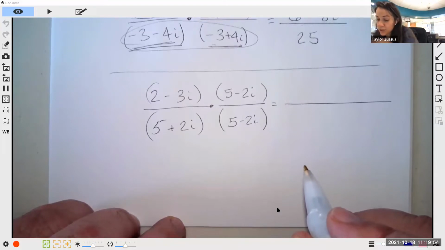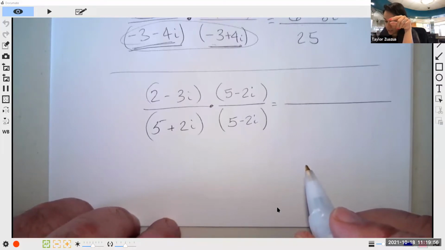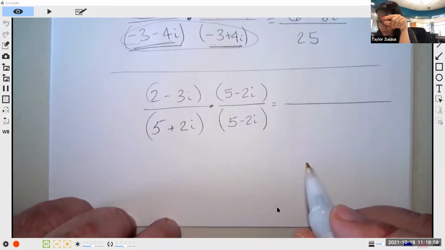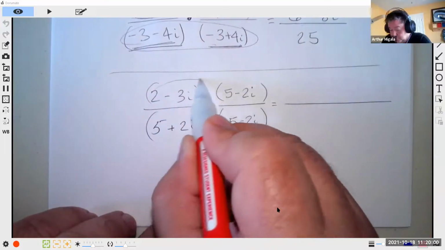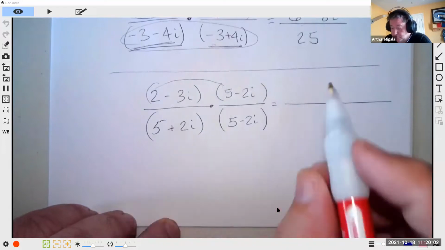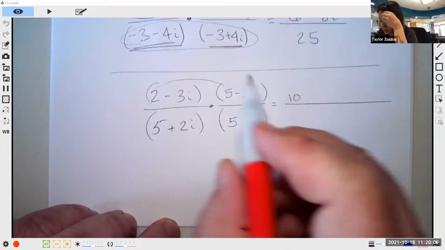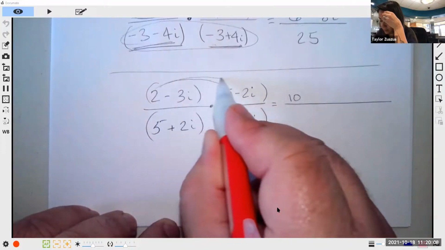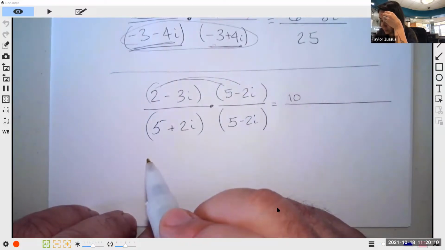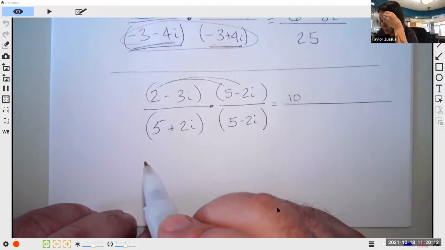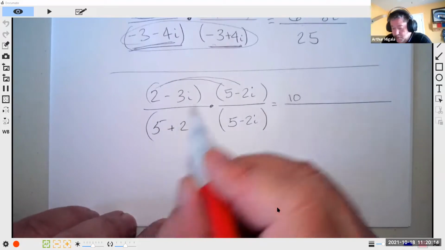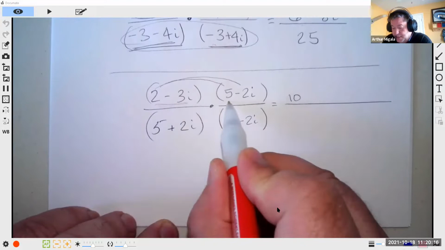So you do the 2 and 5. Is that right? 10 plus 6i squared. You're foiling. You have 2 terms here and 2 terms here.